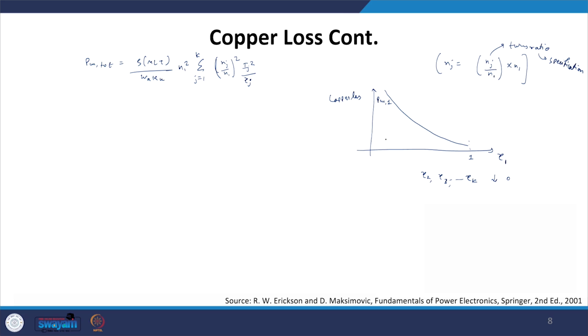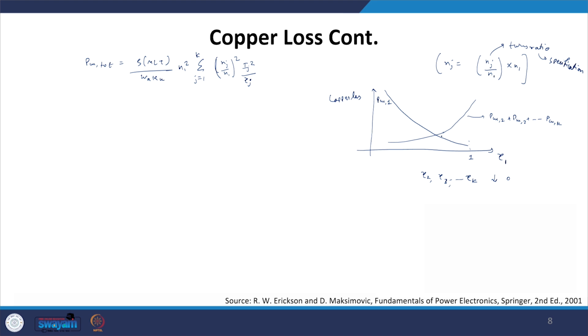So the summation of the other copper losses, PCU2 plus PCU3 and so on up to PCUK, is rising with respect to gamma 1, the area allotted to winding 1.